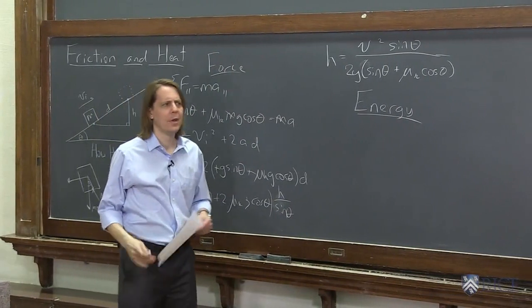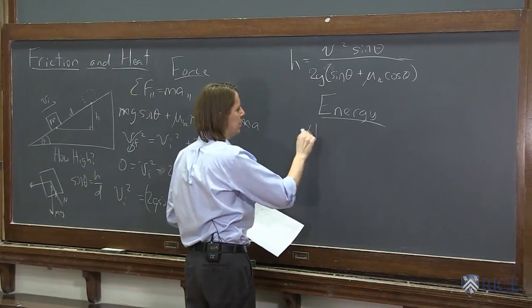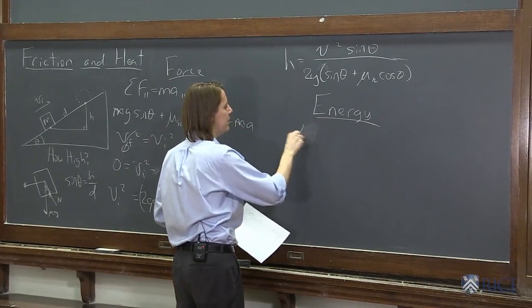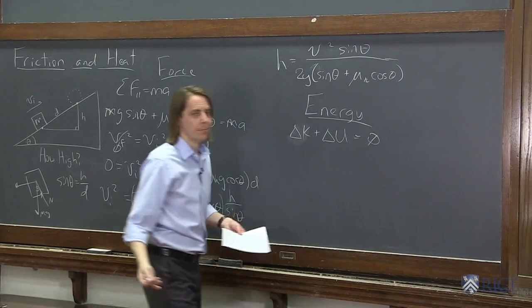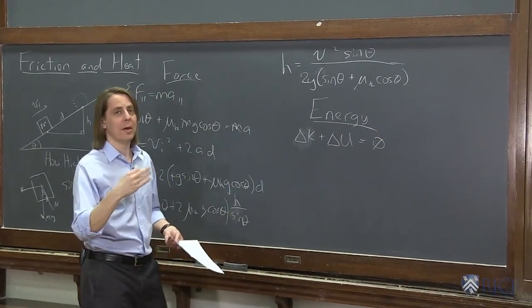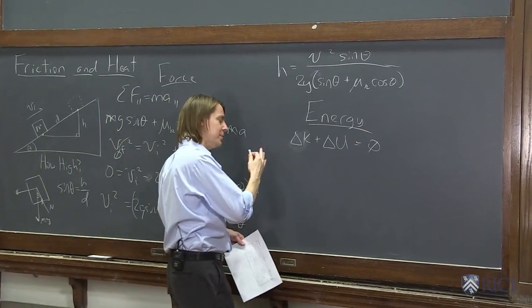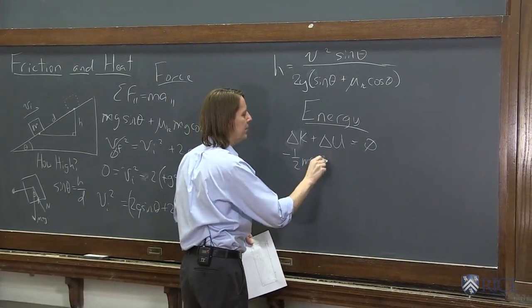Let's do it with energy. From what we've learned so far, you would just say delta K plus delta U equals 0, right? And you would do what we've been doing. Let's say we lost 1/2 m v_i squared, since we started at initial speed and went to 0, so that's minus 1/2 m v_i squared.